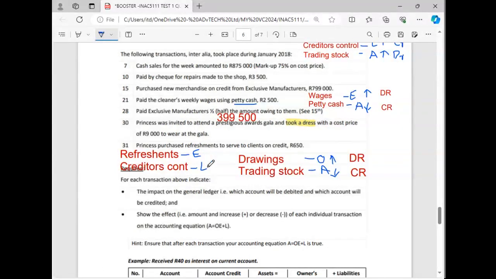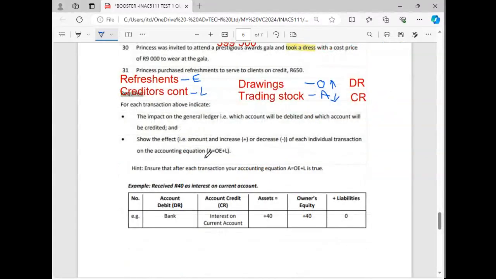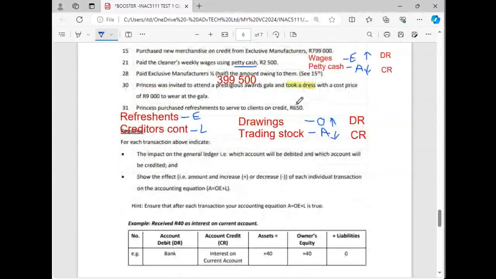So both of these are increasing. This one affects liability, and this one is going to affect ownership. That's very important. We haven't done debit or credit. I would say debit would be refreshments because it's an expense, and they're both going up. Therefore that would be a debit, and the other one, creditors control, is also increasing. Therefore, it is credit.